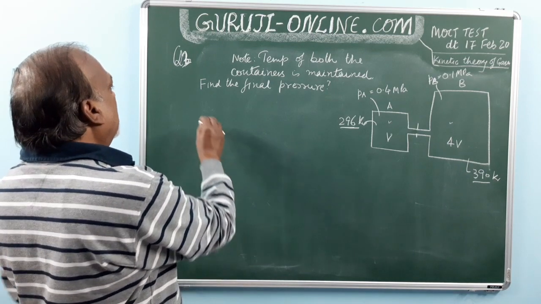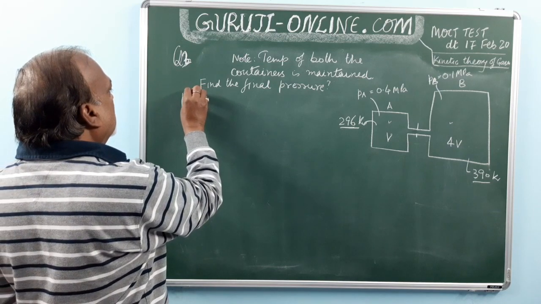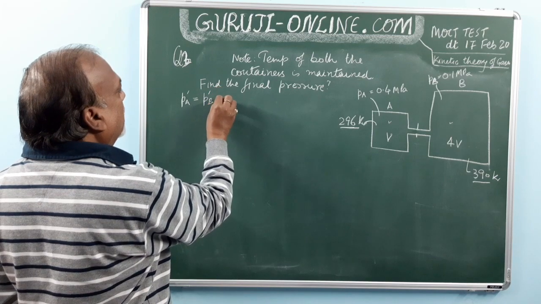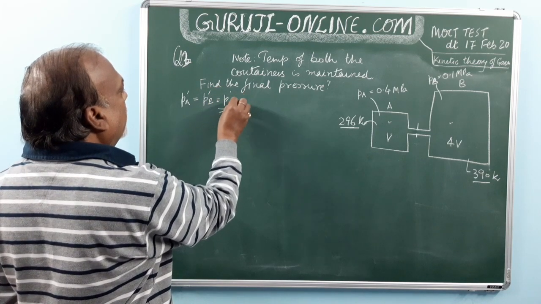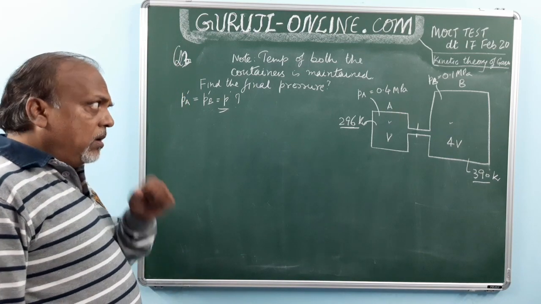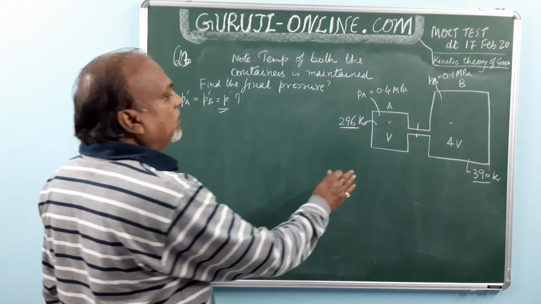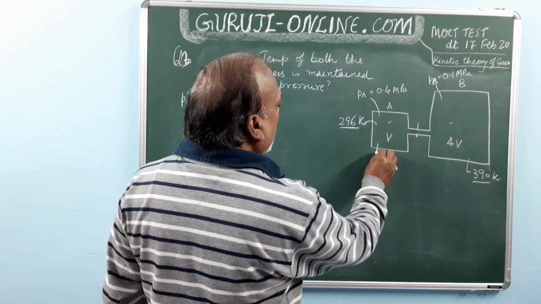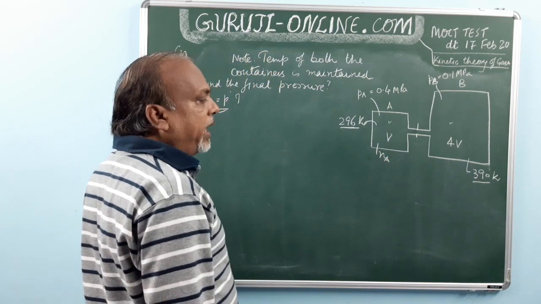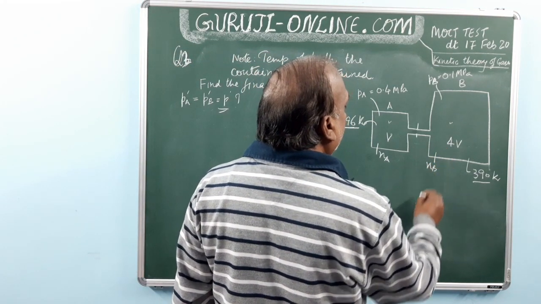Basically, final pressure, that is PA dash will be equal to PB dash, and that we can write as PA. This is what we have to find out. So we know that suppose it has got number of moles initially, number of moles Na, and this is number of moles Nb.